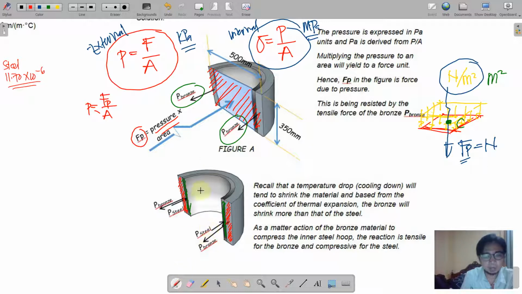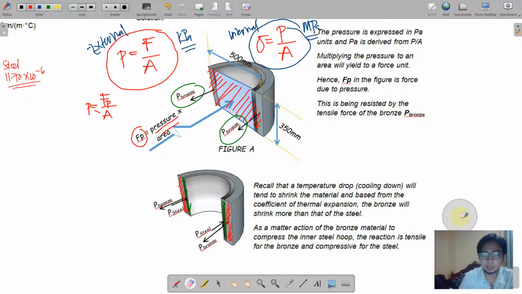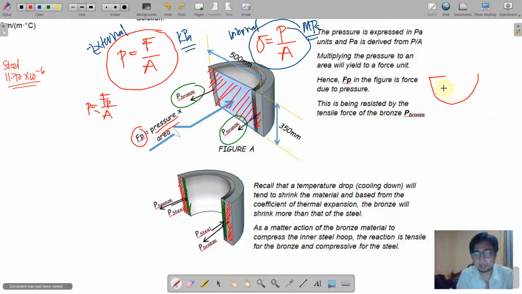So actually, with this illustration, we can now tell or formulate an equation relating to that one. We can just say that by summation forces vertical, so if we wanted to project it in a horizontal manner, ito yun.